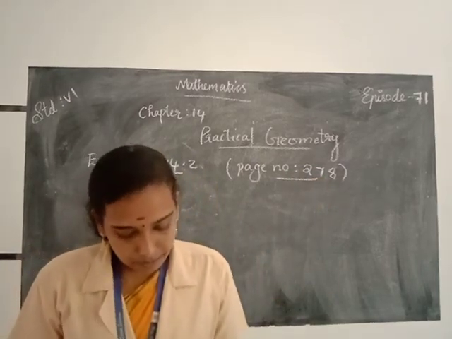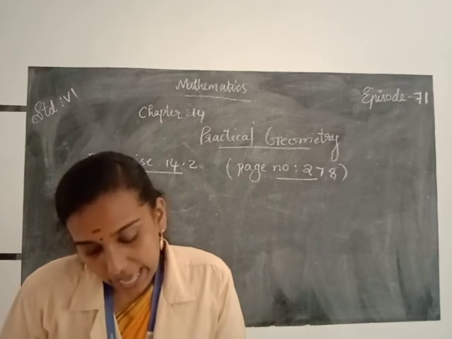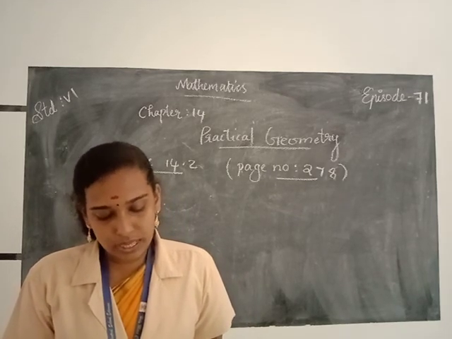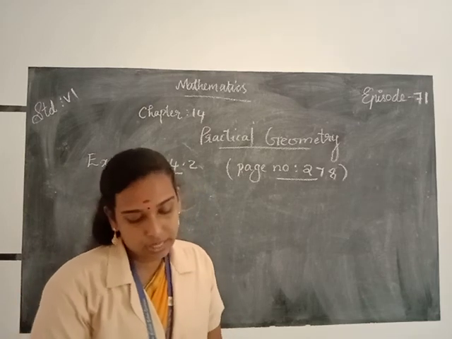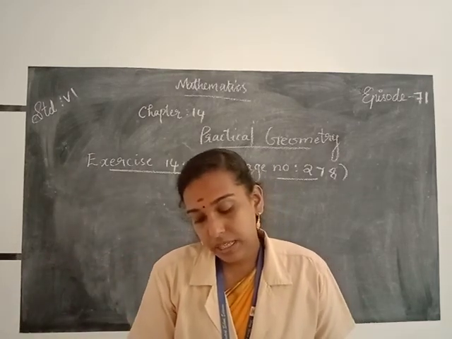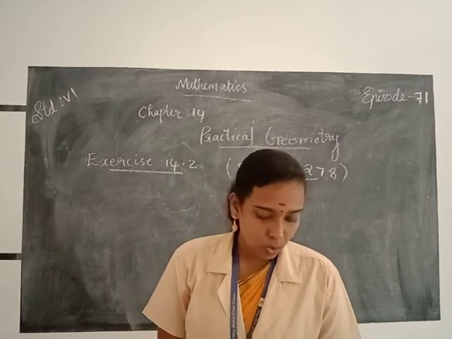And the first question: draw a line segment of length 7.3 centimeter using a ruler.